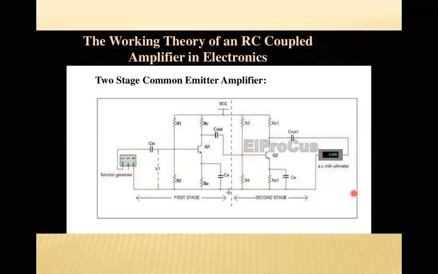Okay, so if we plot the frequency response curve for the RC coupled amplifier, the voltage drops at frequencies less than 50 Hertz and greater than 20 kilohertz, which means we get a constant frequency response in the range 50 Hertz to 20 kilohertz.